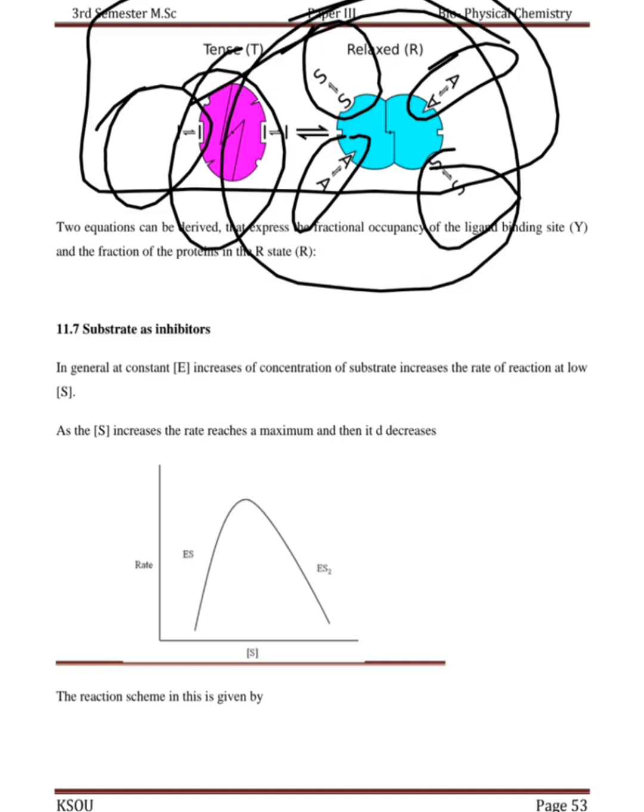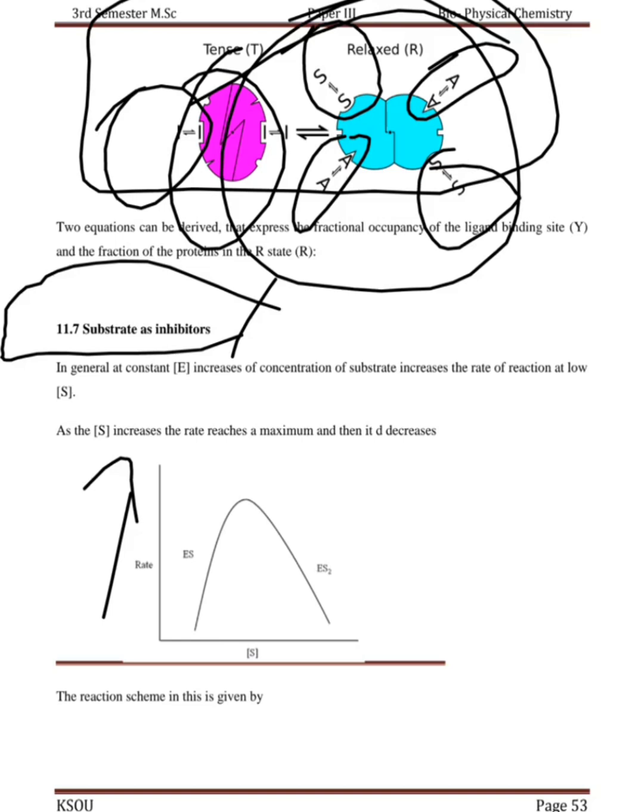So this leads to the protein activity and substrate inhibition. Whatever the substrates are, they are nothing but the drug molecules or ligands, which can be denoted as substrates. So if the concentration of the substrate is increased, the reaction rate also increases until a certain point.